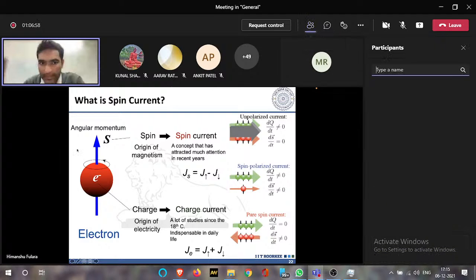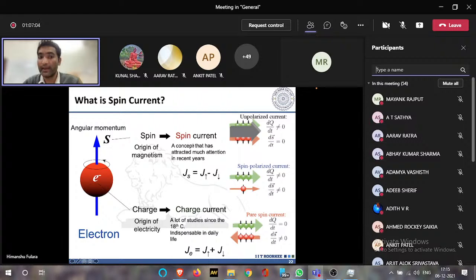Because of the spins of the electron, you can have a spin current, but only under certain situations, and I will tell you what these situations are. So spin can also offer you a kind of current called spin current, a concept that has attracted much attention in recent years. So what is this spin current?